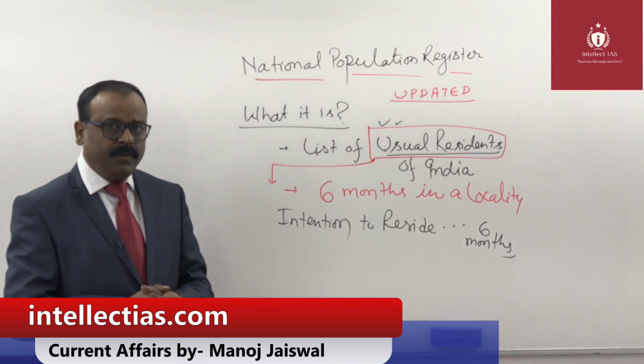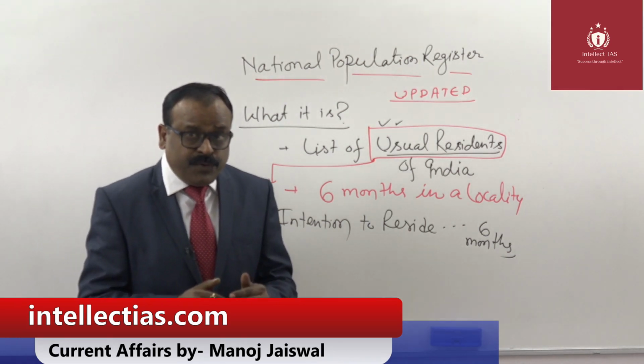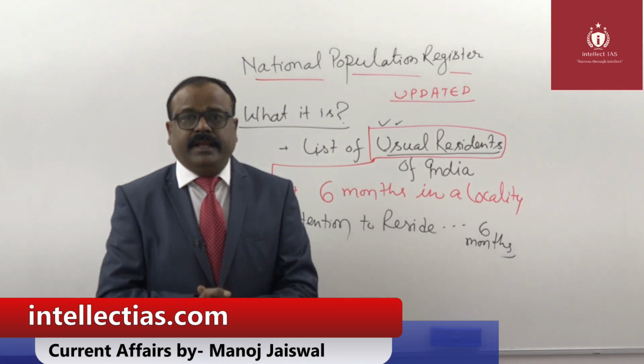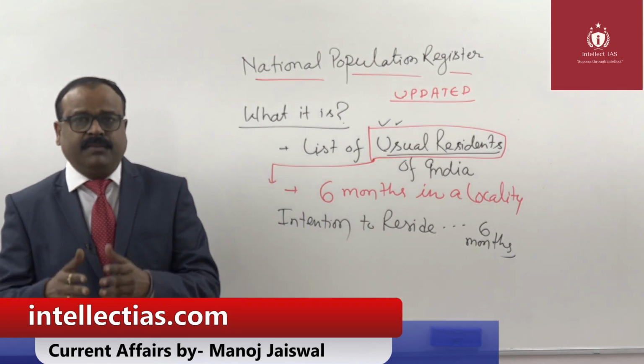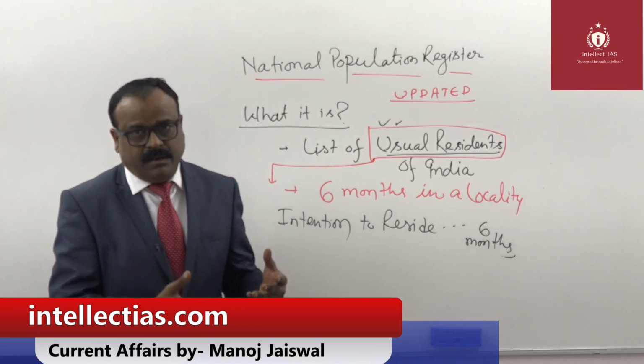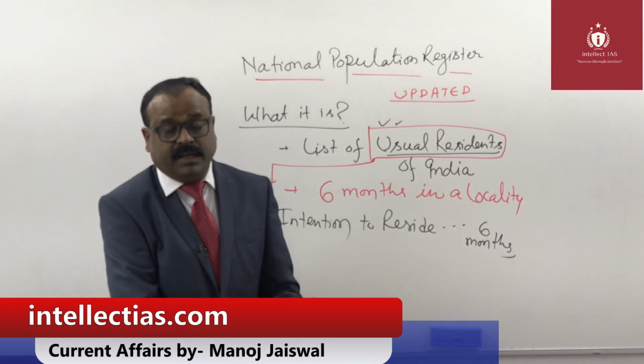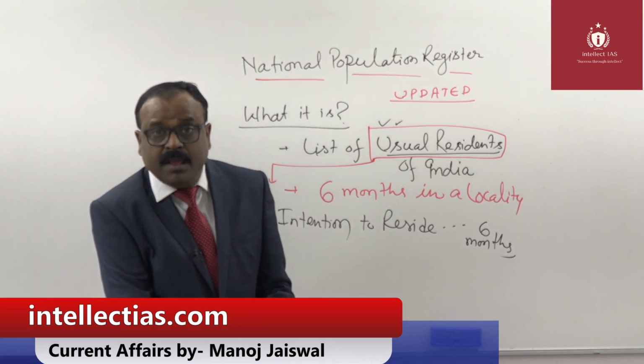Similarly, if you have just reached Delhi and you want to be here for the next 6 months or for the 1 year, then your name will come in this NPR.